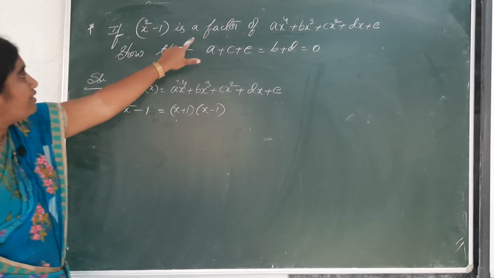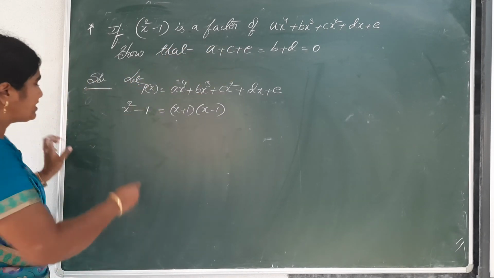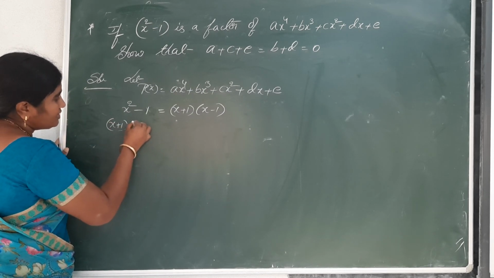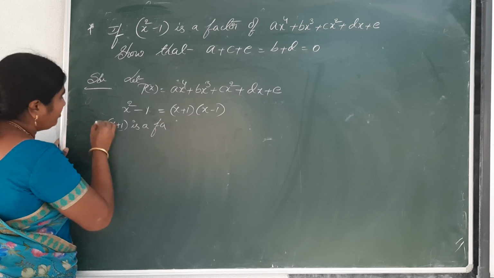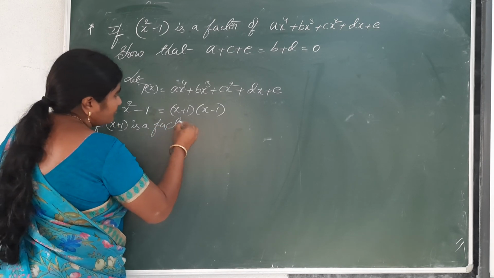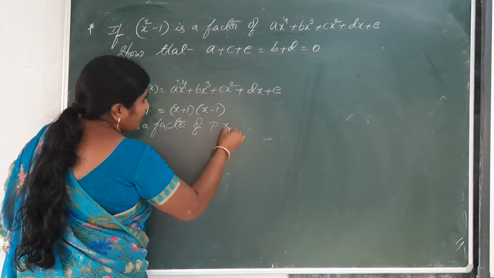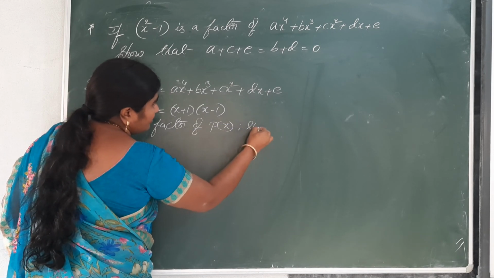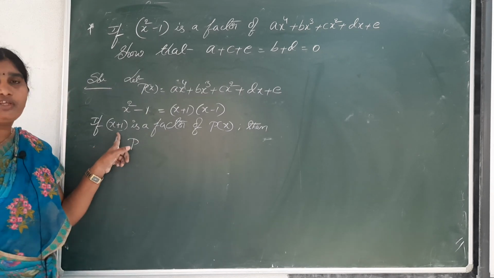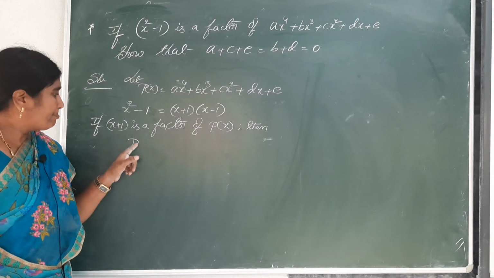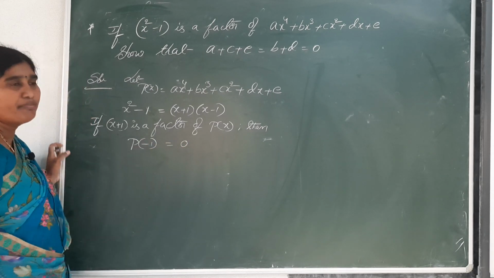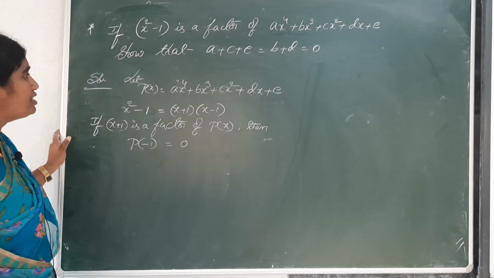First, x plus 1 is a factor of p of x. If x plus 1 is a factor of p of x, then the zero of the polynomial is minus 1, so p of minus 1 equal to 0.